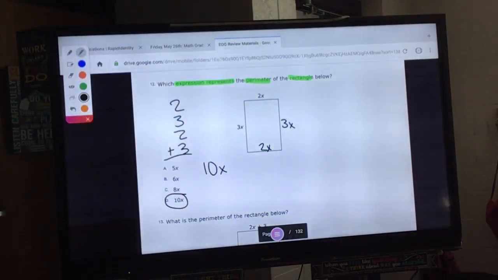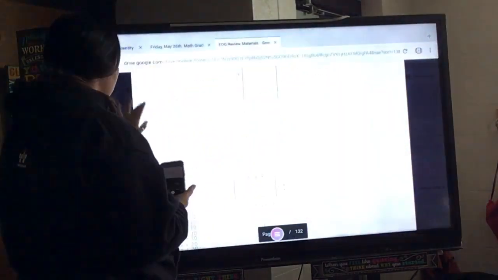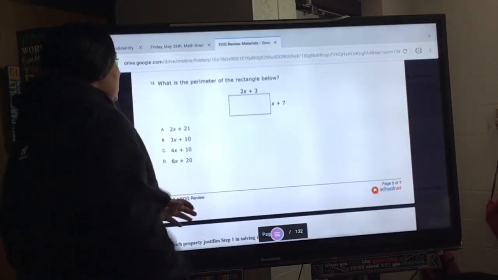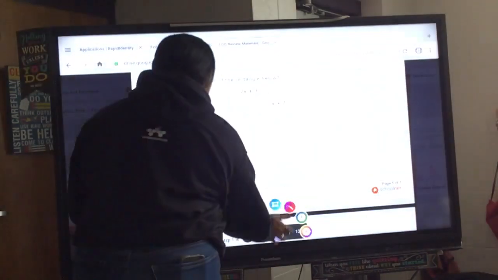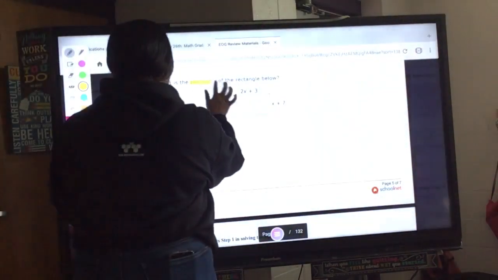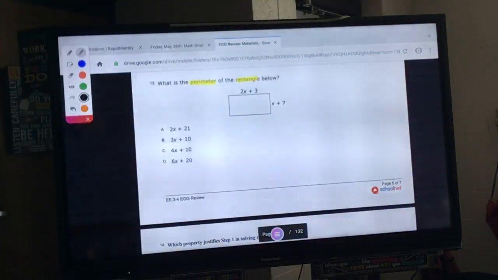All right, last question, number 13. All right, what is the perimeter of the rectangle? And again, what type of question is this?